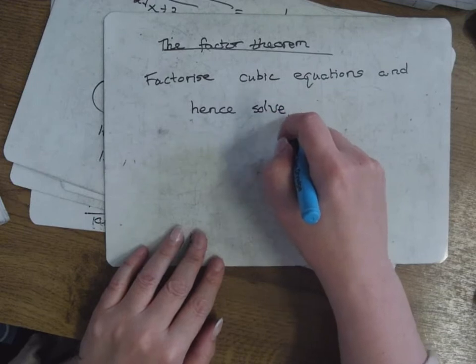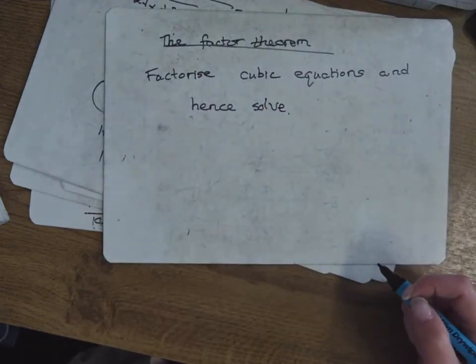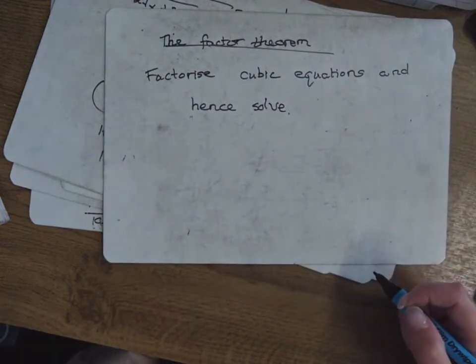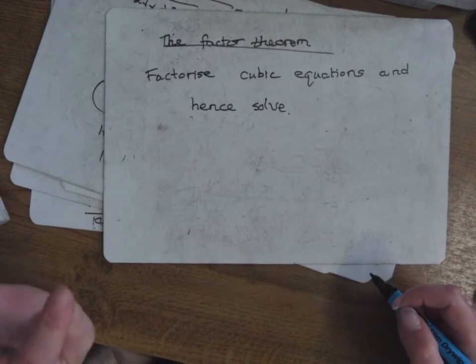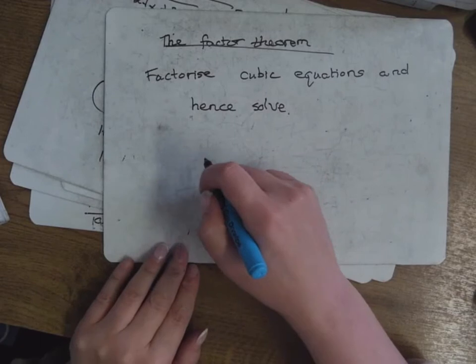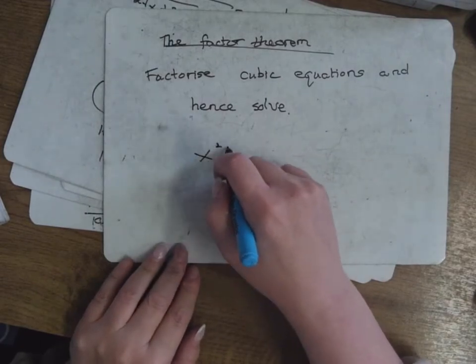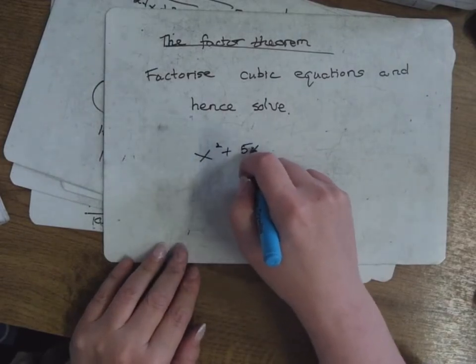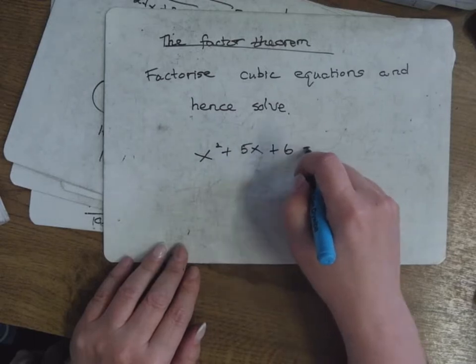Right, so we're going to factorize a cubic equation and hence solve. What I'm going to write next is just a quadratic equation, so don't write what I'm writing next. You know we had a quadratic equation a while ago, and we'd say x squared plus 5x plus 6 equals 0.